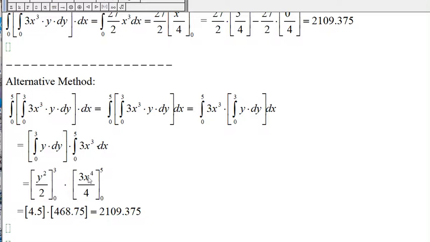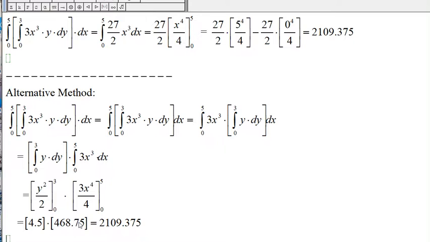And then this entire antiderivative, evaluating from 0 to 5, we'll get 468.75. And then multiplying 4.5 with 468.75, we'll get 2,109.375, which is what we got earlier.